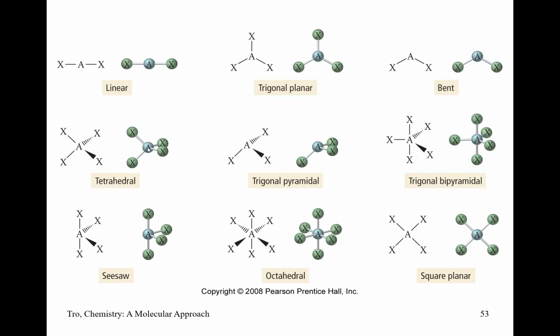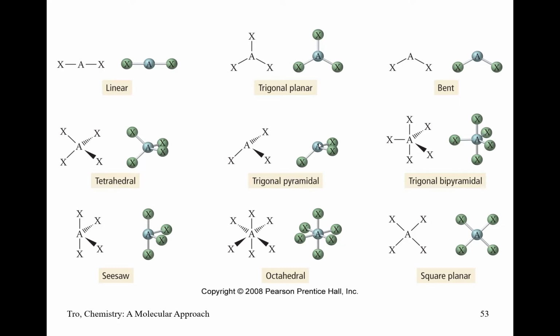The one next to it, that's drawn pretty well. They chose kind of a weird angle here at the trigonal pyramidal one. I don't know why they did that, but it's fine. So the trigonal pyramidal, this X back here on tetrahedral is the one that's missing. That's where the lone pair would be. So it's just drawn a little weird.